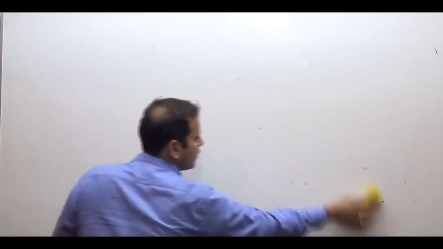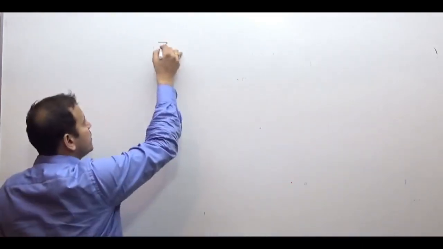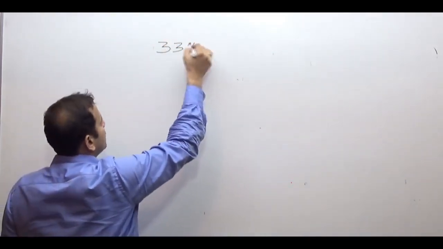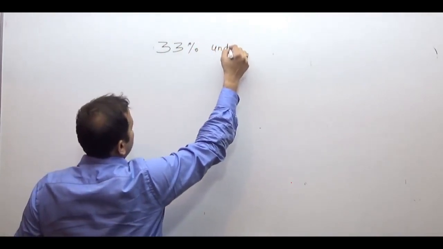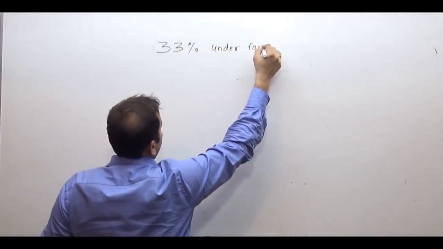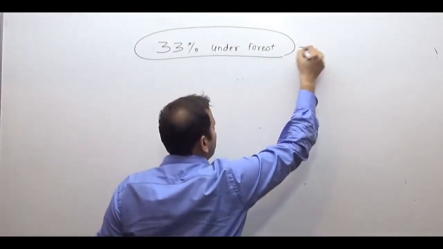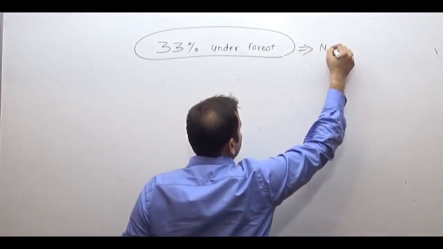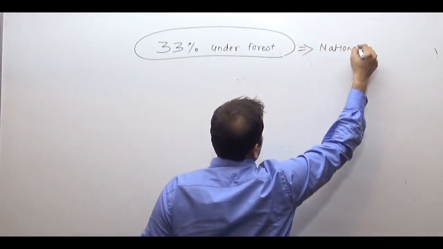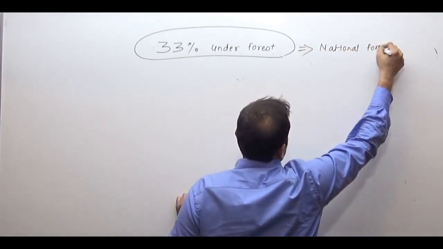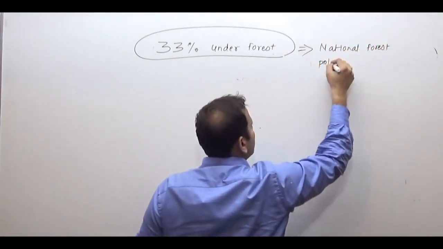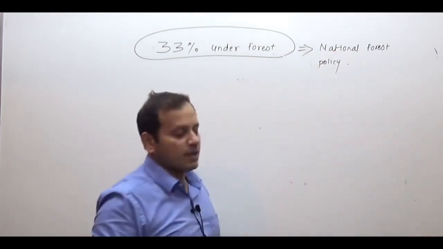Now, what does our National Forest Policy say? It says that we should have 33% of the area under forest.